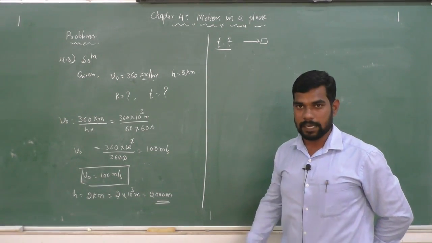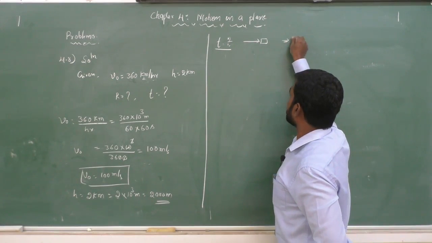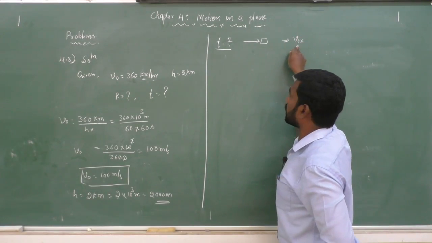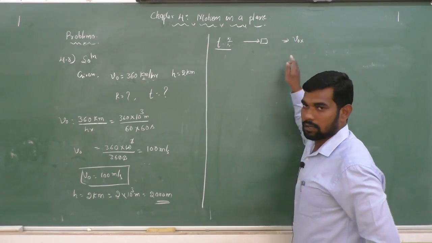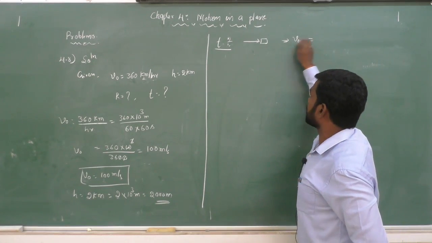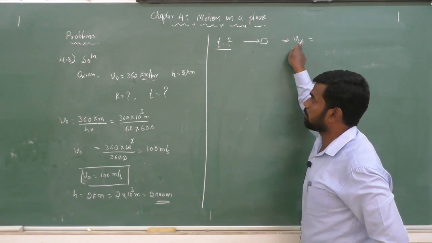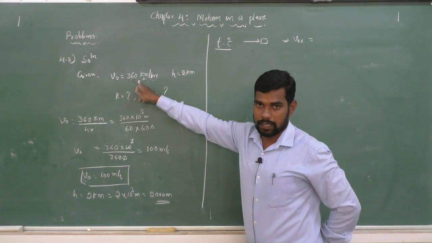That means in this case, its horizontal velocity, that one is V naught X, the horizontal velocity. If it drops like this, its horizontal velocity will be the same as the velocity of the plane only.